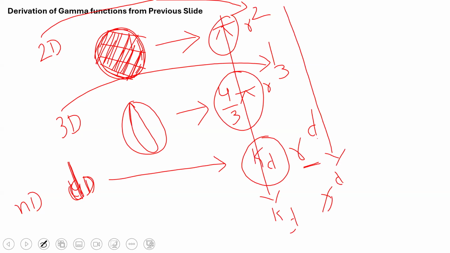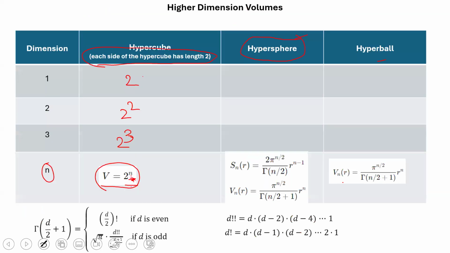So the volume of a hypersphere in higher dimensions is r to the power of n. If it is n-dimensional space, it is r to the power of n. So we are talking about a constant, right? That constant is defined as pi to the power of n by 2 divided by gamma of n by 2 plus 1.